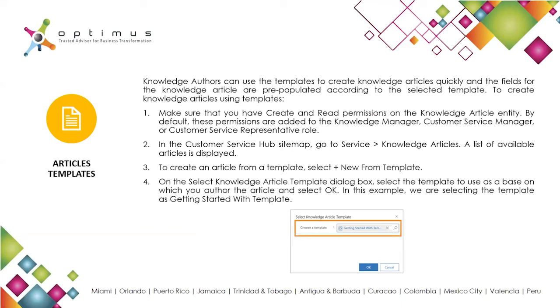The idea of the articles is to standardize the information and the way that you present that information to your customers. So that's why it's a good idea to create some templates.